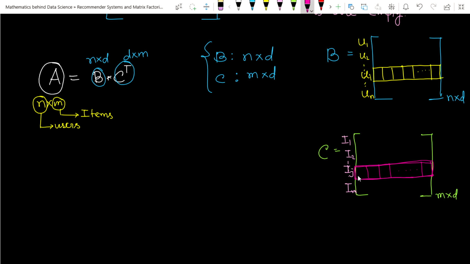It's better to say it is the feature vector for each item.